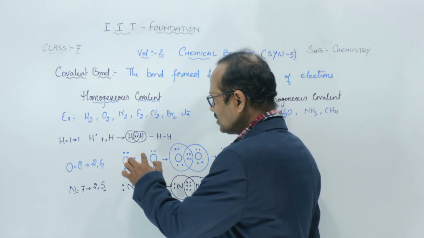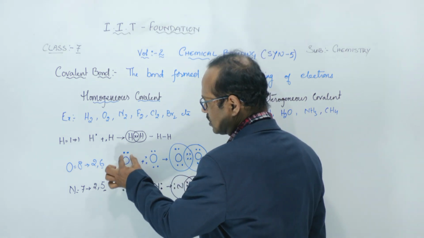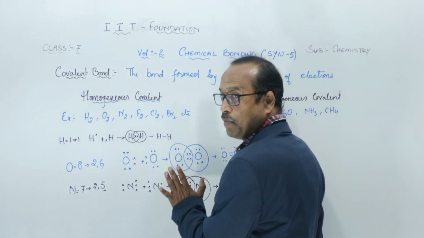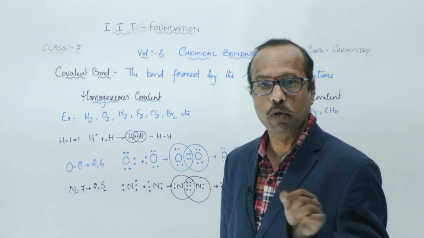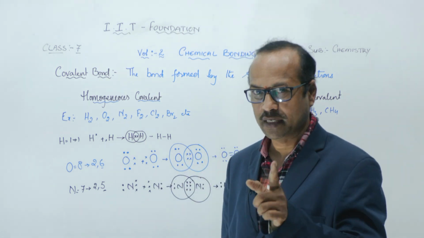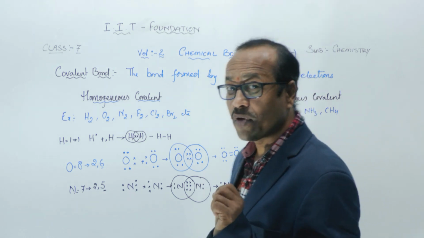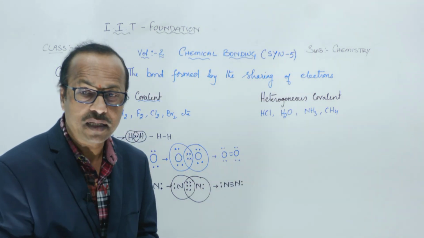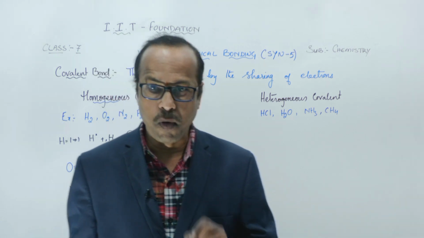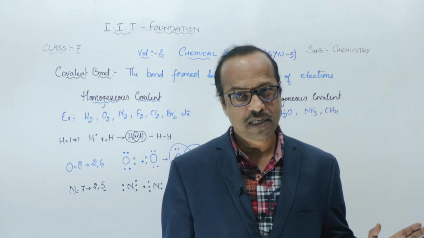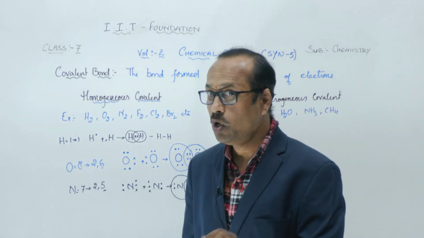Now, these two electrons are not participating in the bond formation. They are called lone pairs. Remember that the pairs of electrons which participate in the bond formation are called bond pairs, and which do not participate in the bond formation are called lone pairs.